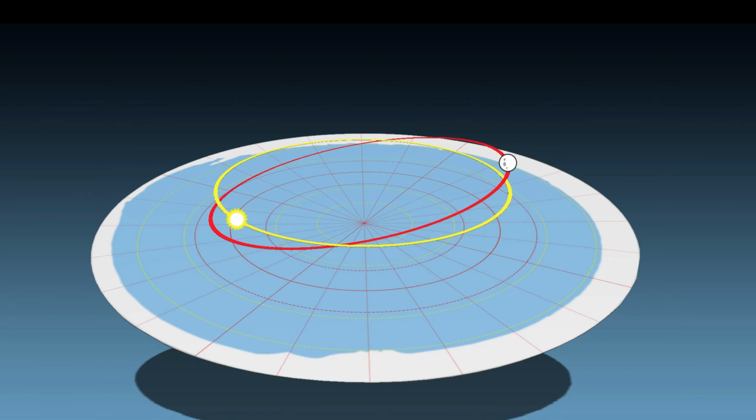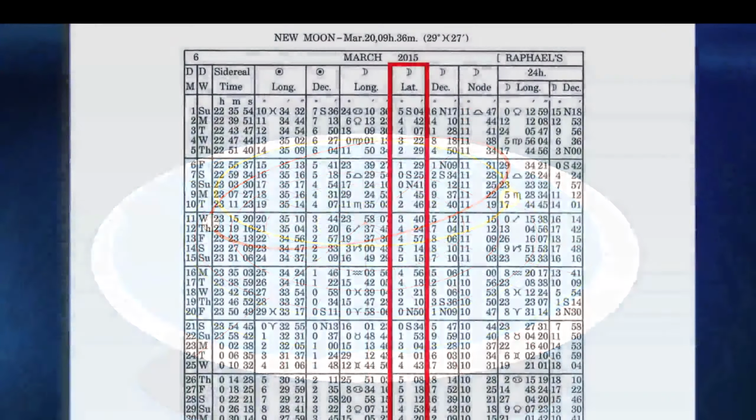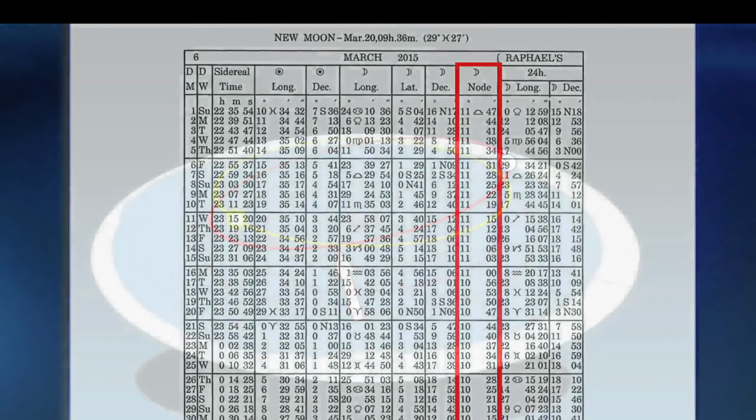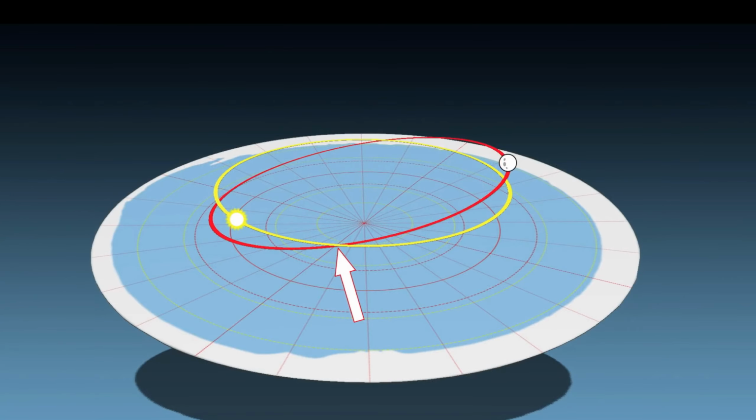It's at an angle of about 5 degrees to that of the Sun. As the Moon circles above the Earth, sometimes it's higher than the Sun and sometimes it's lower. The Moon's position above or below the Sun's path is shown in the Moon's latitude column, and the column marked as node is simply the point where the two paths cross.